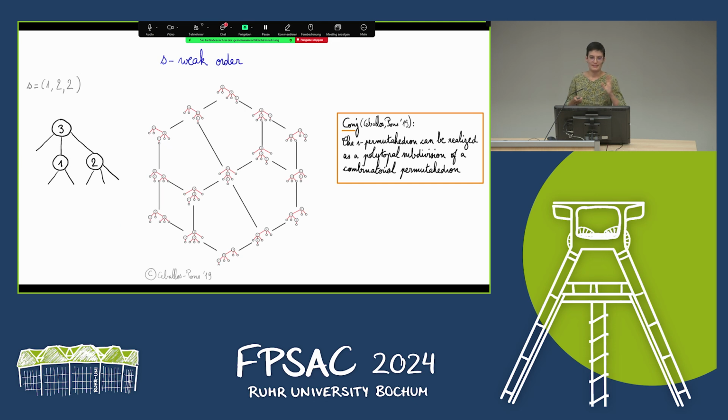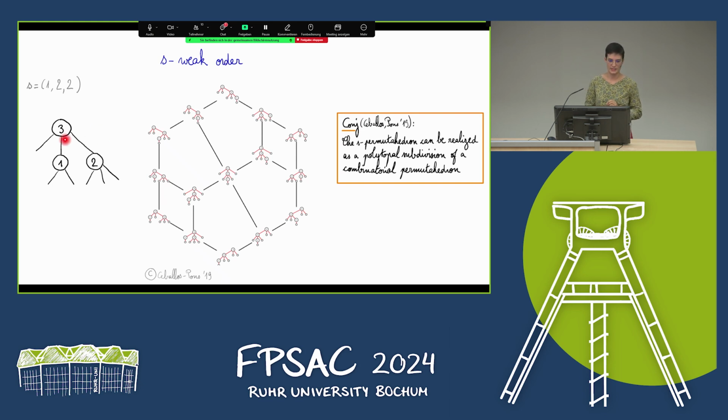To explain briefly what this s-weak order is, the objects given by Ceballos and Pons are s-decreasing trees, from a vector s of length n, for example, 1, 2, 2. We say that an s-decreasing tree is a planar rooted tree with internal nodes labeled from 1 to n that is decreasing, and such that the node labeled i has s_i plus 1 children.